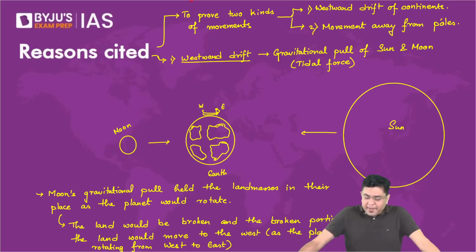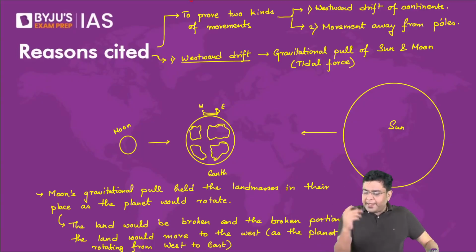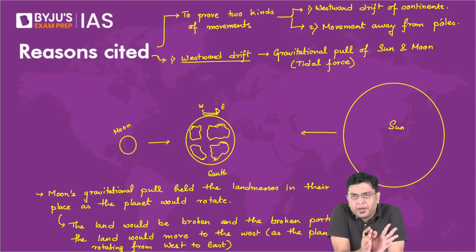Now, coming back to it, I understand all of you have a similar kind of issue. So first of all, understand that any species which comes into existence anywhere will not come randomly everywhere, right?